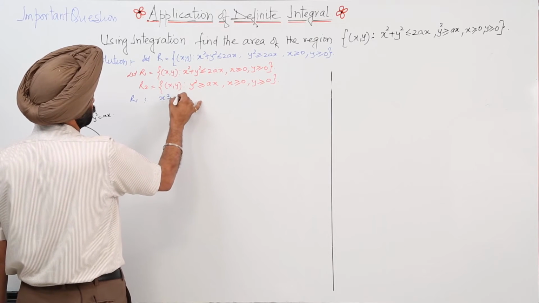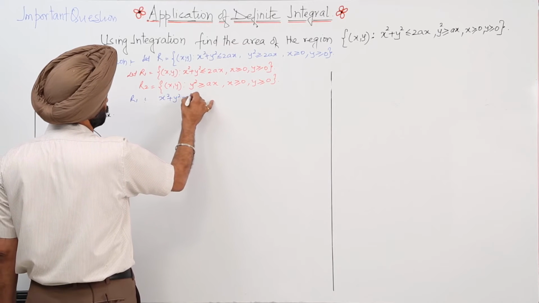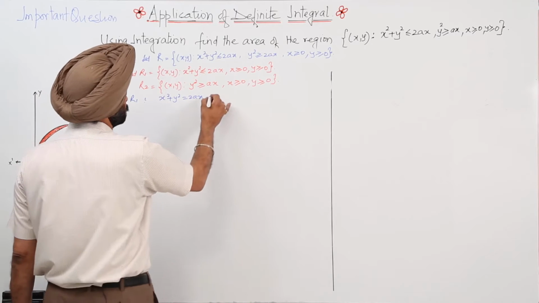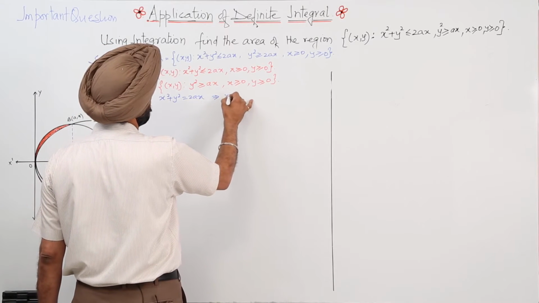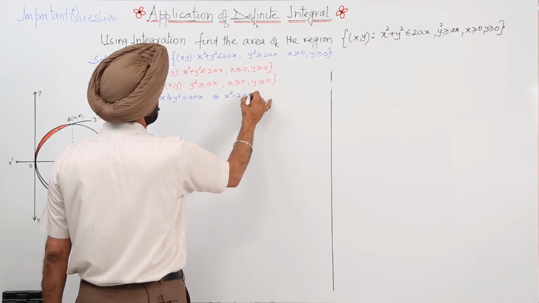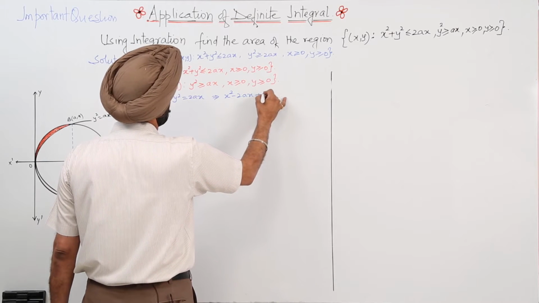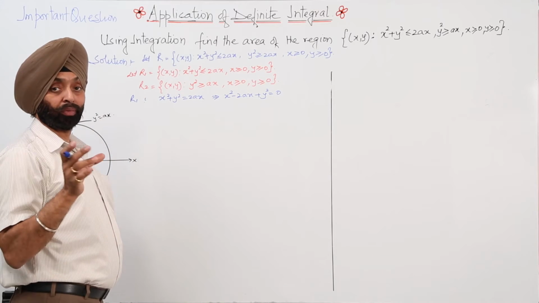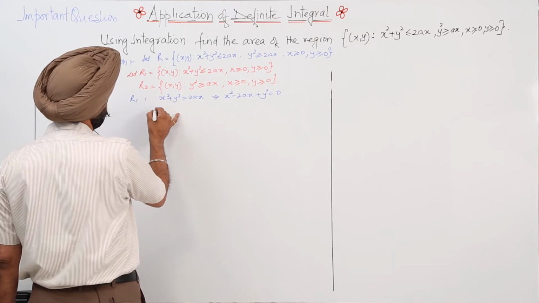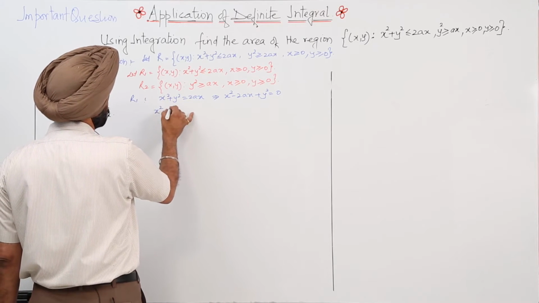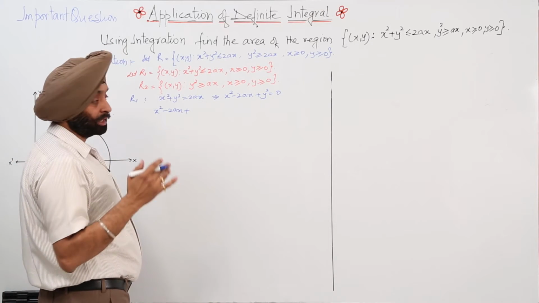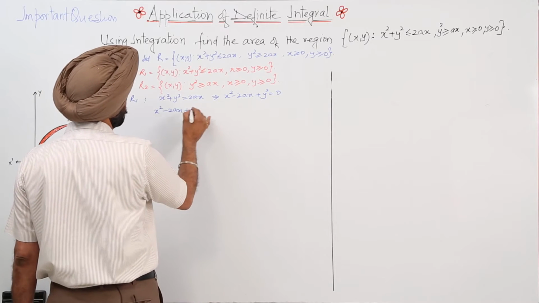x² + y² = 2ax. Now this becomes x² − 2ax + y² = 0. Now making it a perfect square: x² − 2ax plus the square of half the coefficient of x, that is 2a times 1/2, that is a.